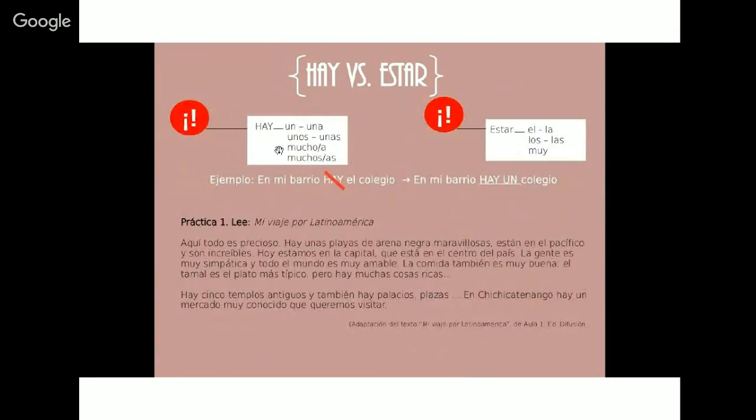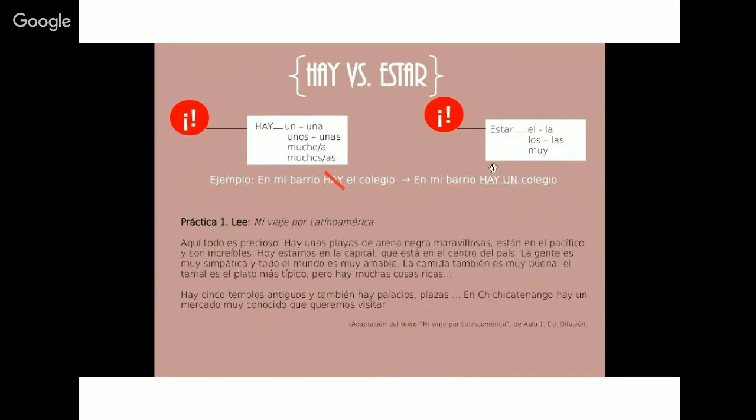So after hay we can use un, una, unos, unas, mucho, mucha, muchos, muchas. So una means a, unos, unas, some, mucho, muchos, many or much.